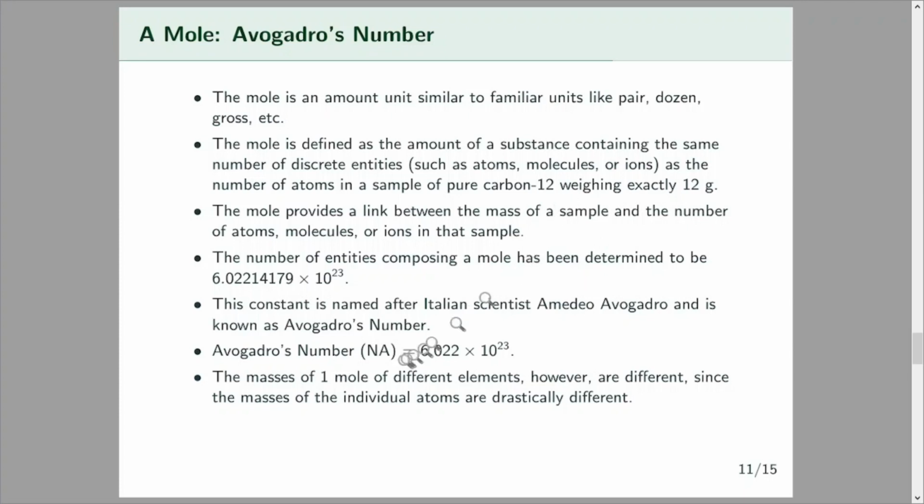Okay, so the mass of 1 mole of different atoms, however, is different, right? In the same way that a mole of bricks would weigh something different than a mole of cinder blocks, which would weigh something different than a mole of pebbles. A mole of hydrogen atoms has a different mass than a mole of carbon atoms.